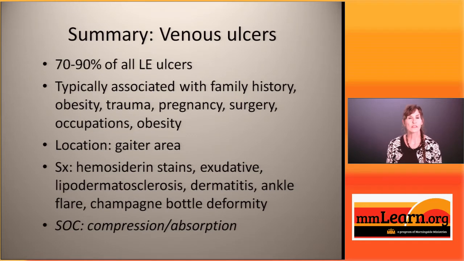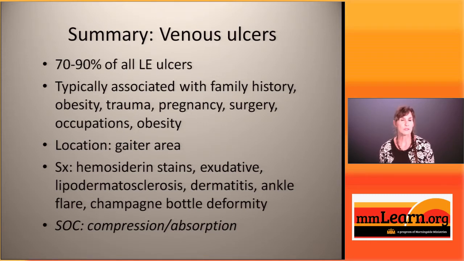So to summarize, venous ulcers include 70 to 90% of all lower extremity ulcers. They're usually associated with a family history of obesity, trauma, pregnancy, surgery, occupations of being on your feet for prolonged periods of time. We typically see them in the gaiter area, that is the area between the knee and the ankle.